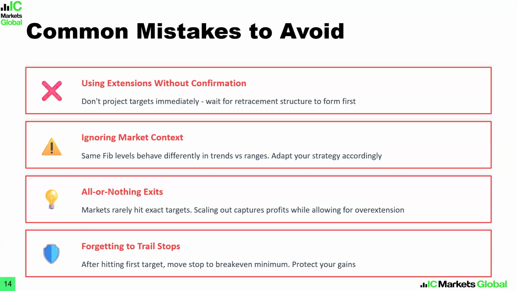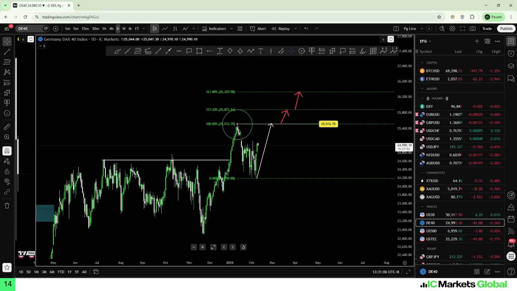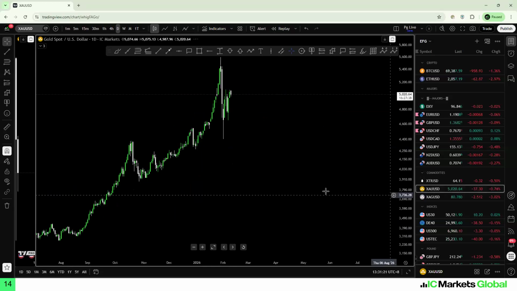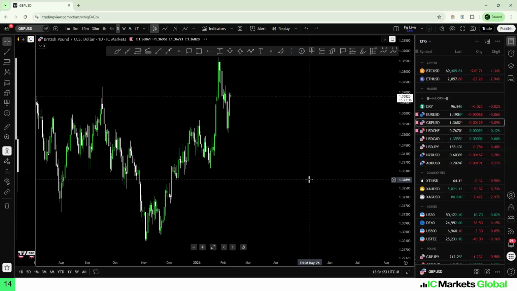So whenever, for example, you want to use the Fibonacci extension, I pull out the chart here. Over here, maybe look at gold, or maybe others.